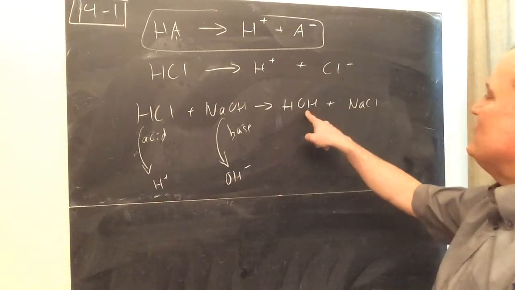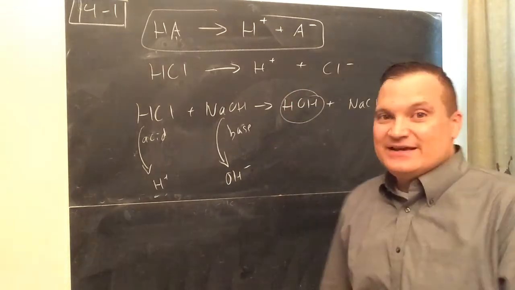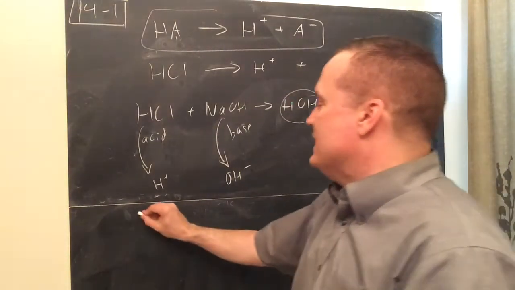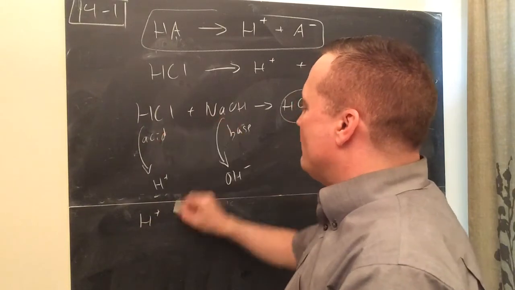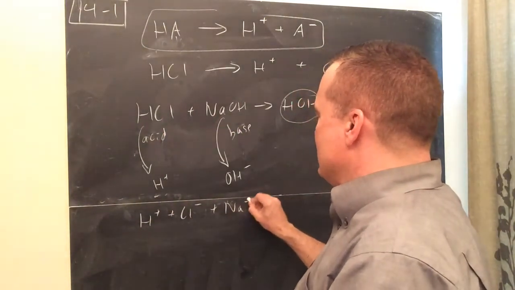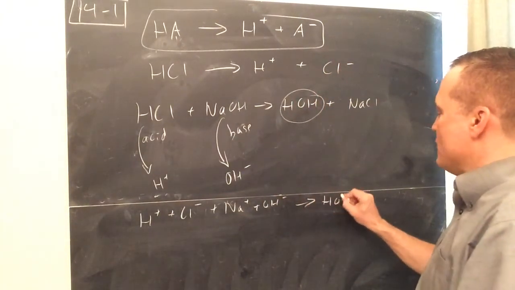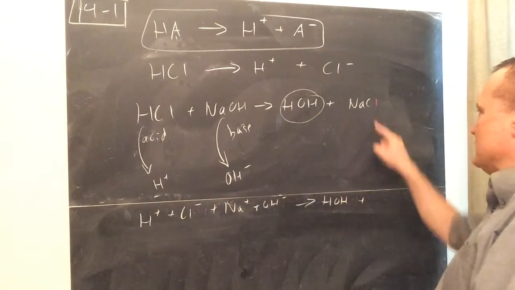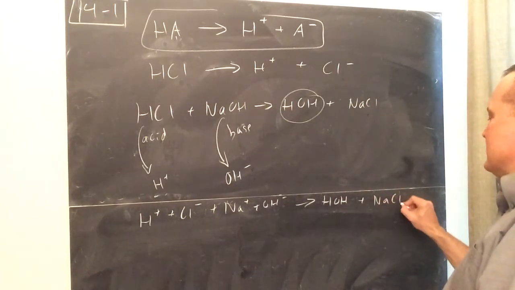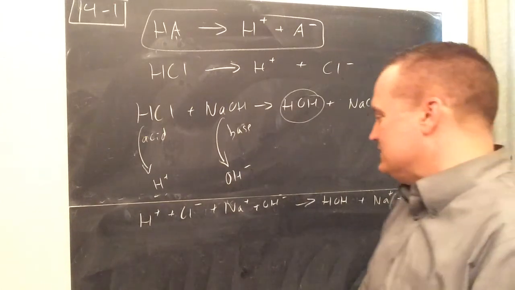They combine to give you water, H2O, yay. In fact, if you did the net ionic, that's all you get. HCl is aqueous, we break it up. NaOH is aqueous. Okay, I'm doing it real messy. HOH, water, is liquid, but then you get NaCl, and it's also dissociated.